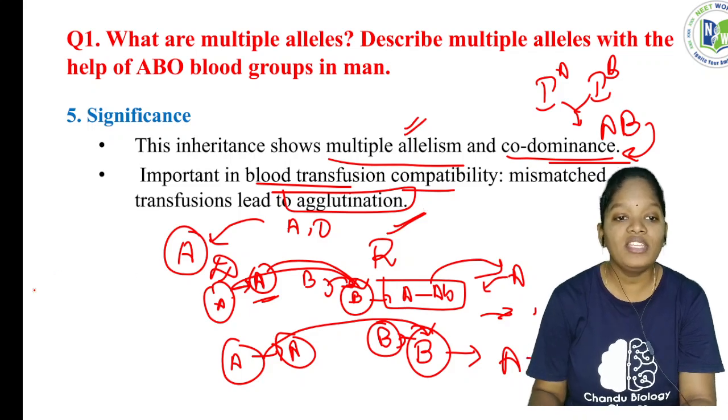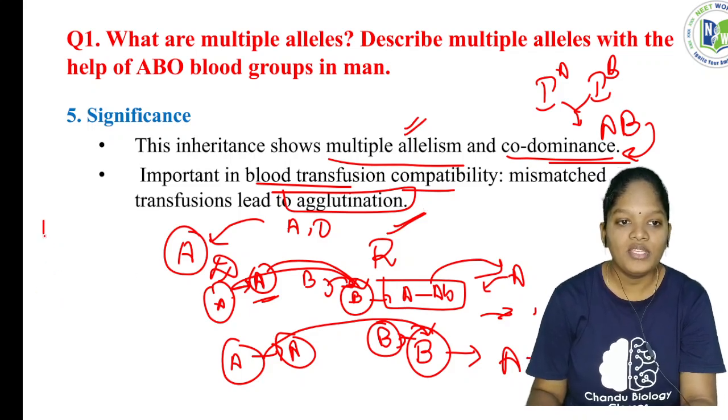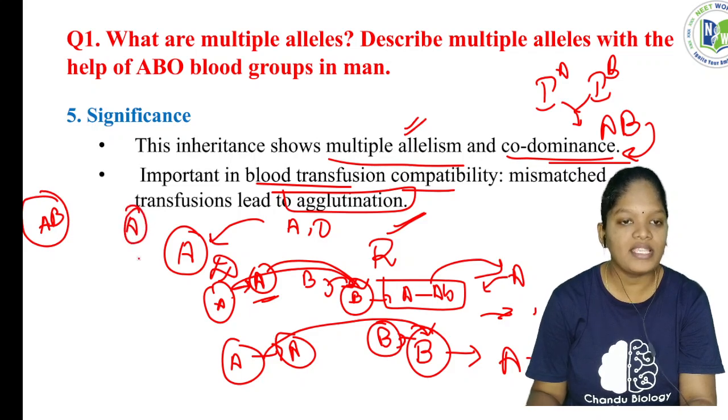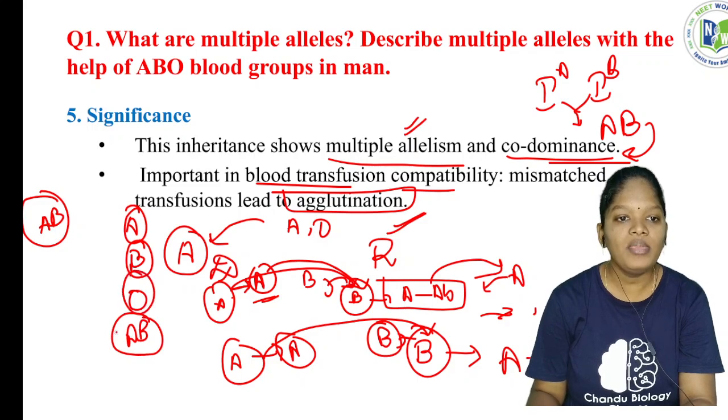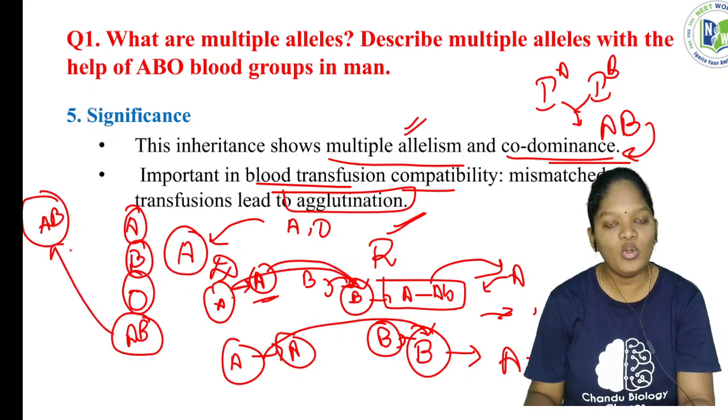So what if in case of the AB blood group? Consider this person has the AB blood group. One person has an A blood group, one has a B blood group, one has an O blood group, and one has an AB blood group. So if AB enters this body, there will be no problem.